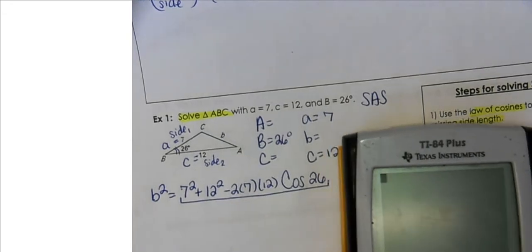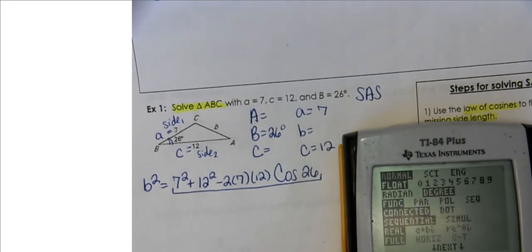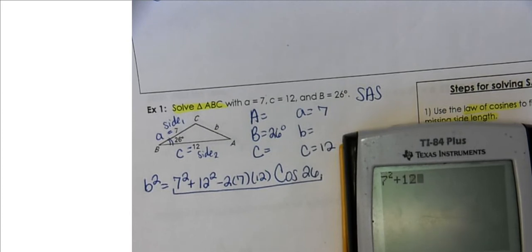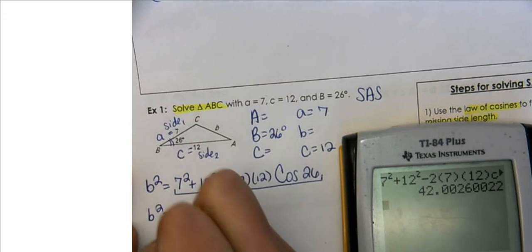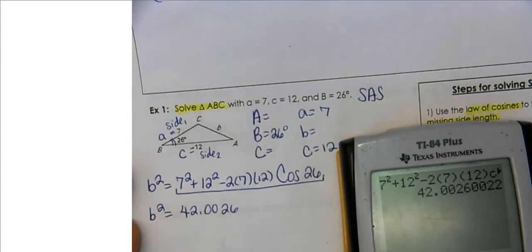And we can put that into our calculator exactly as we see that. I'm going to make sure my calculator is in degree mode, which it is, and I'm going to go 7 squared plus 12 squared minus 2 times 7 times 12 times the cosine of 26. So I put this into my calculator exactly as I see it, and I end up with b squared is equal to 42.0026.